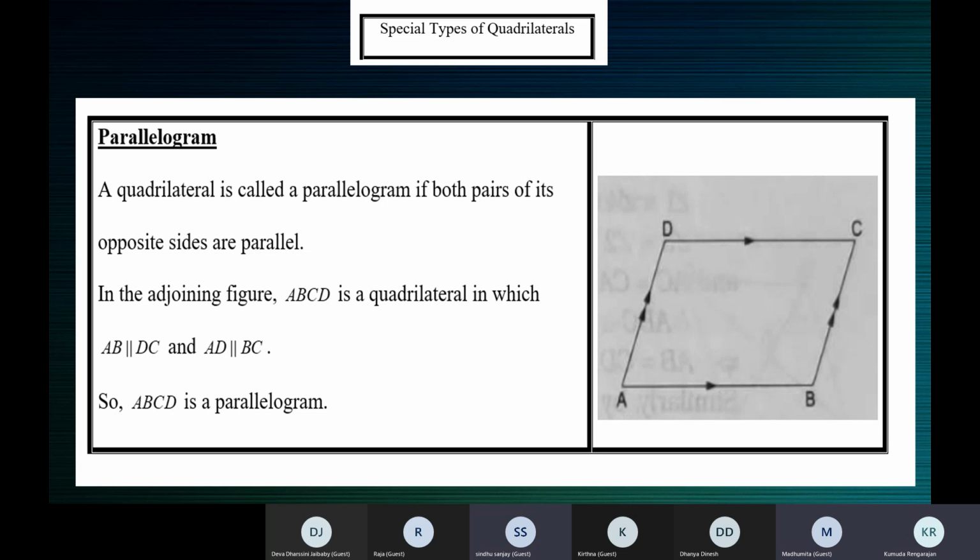Yes, ma'am. Again, when we take a side in a quadrilateral, children, if you take one side, it will have only one opposite side. The remaining two will be adjacent sides. Now, when you take the line segment AD, I'm talking about this side AD, which is the side opposite to AD?